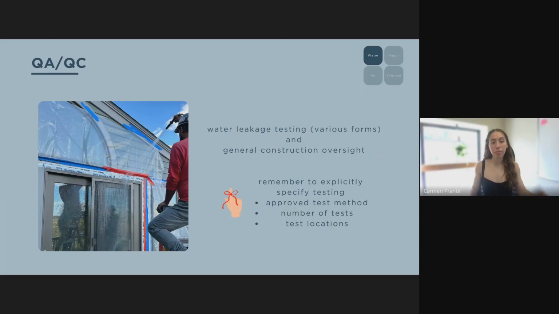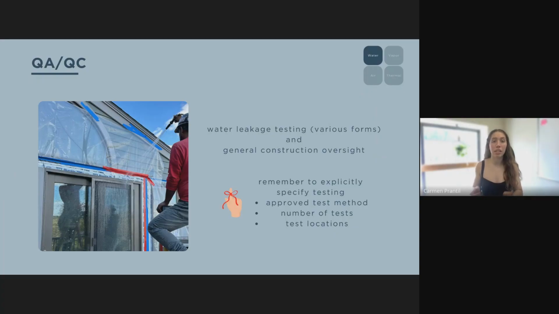So from a quality assurance, quality control perspective, we can do water leakage testing and construction administration or construction oversight to verify that the water barrier is continuous. But along with this, on the design side, we want to specify the exact water testing requirements that we want to see in the documentation.